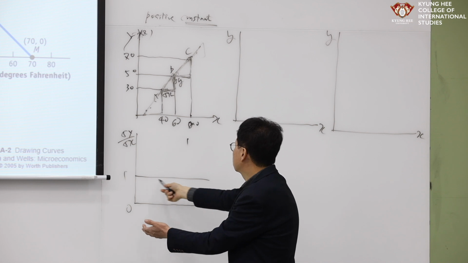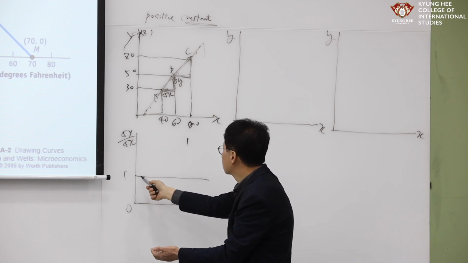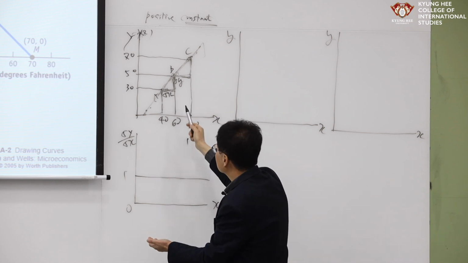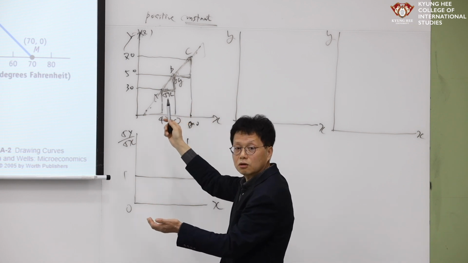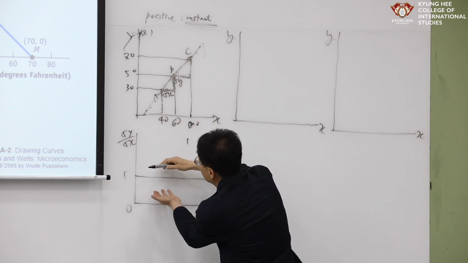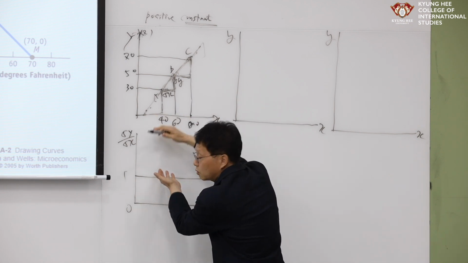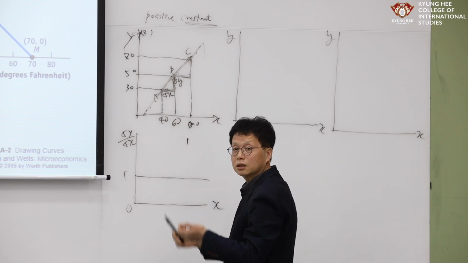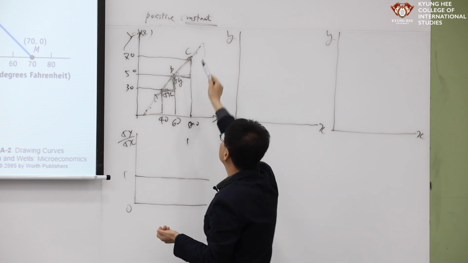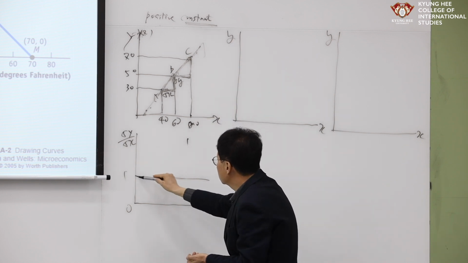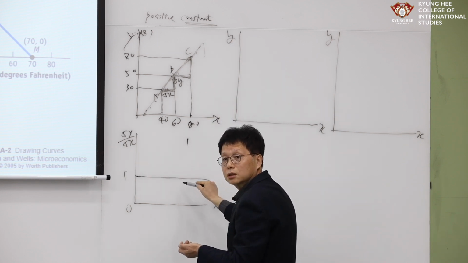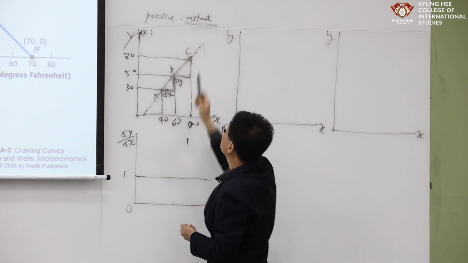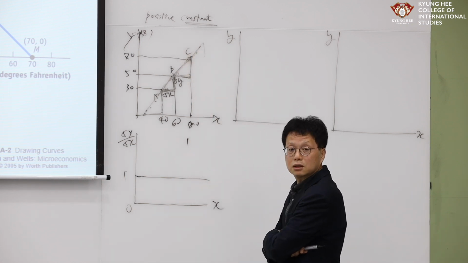So the changing rate is the same. We said it is positive: x increases then y increases, so the changing rate is greater than 0, right? That is the meaning of positive. And the constant changing rate is the same, like this. So we said the positive constant case.